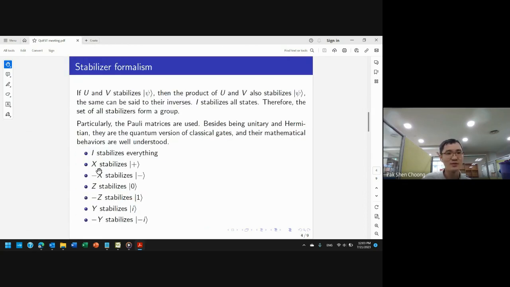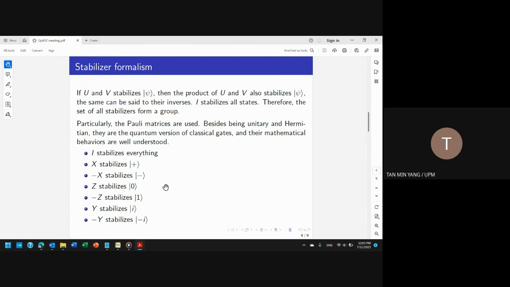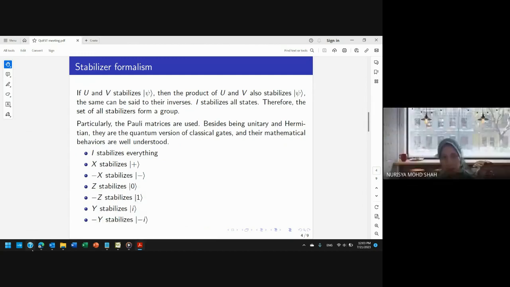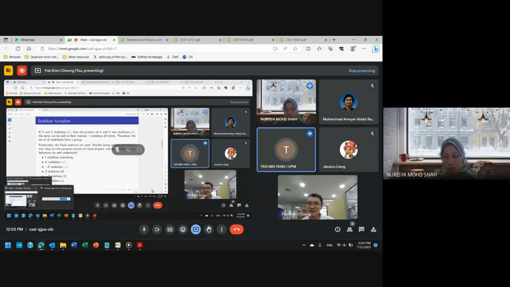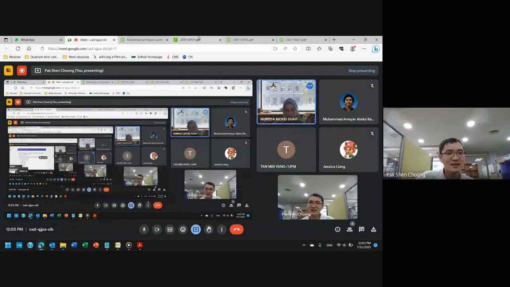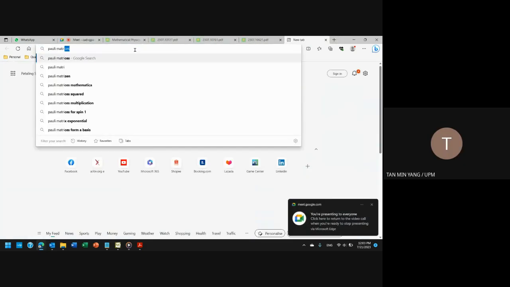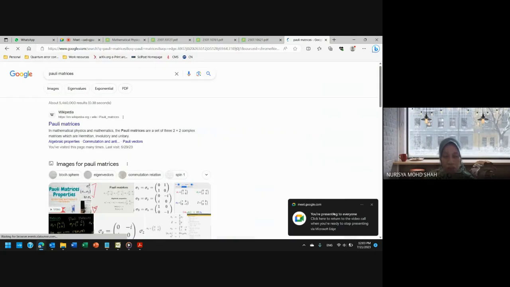For example, if you rotate the state, you can also get back. If you look at Z, Z is 1, 0, 0, minus 1, right? Maybe we look at this Pauli. Your ket 0 is the column vector 1, 0.